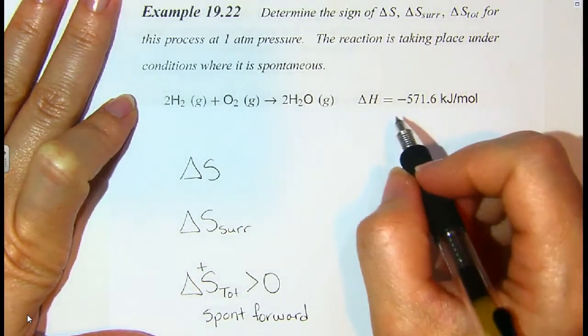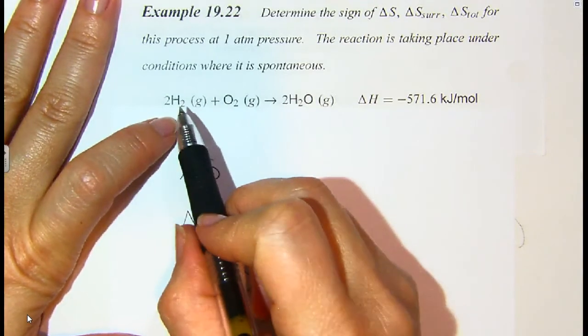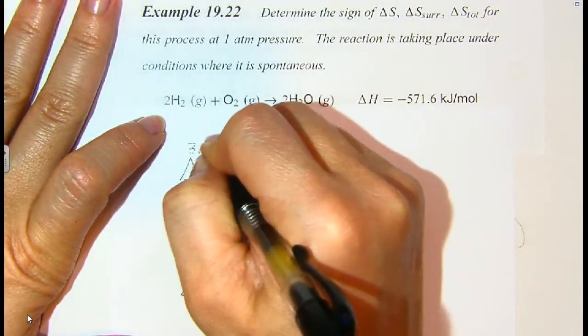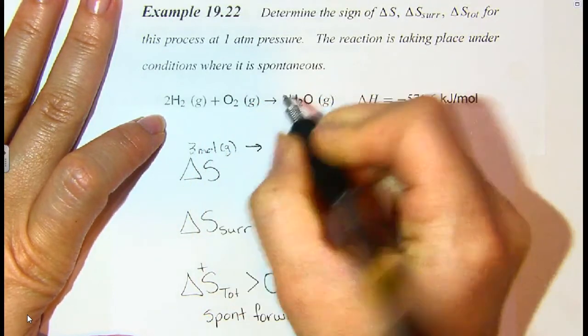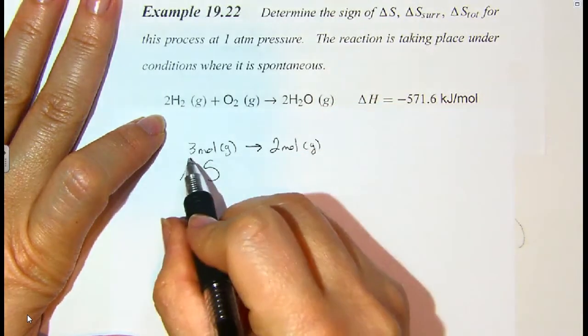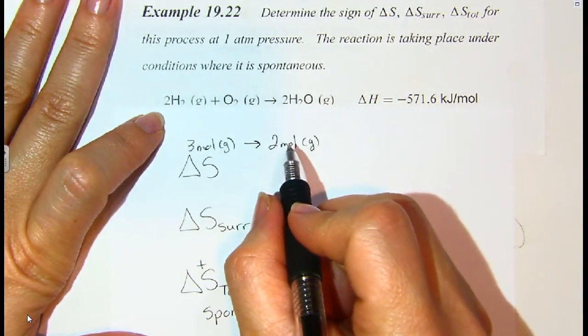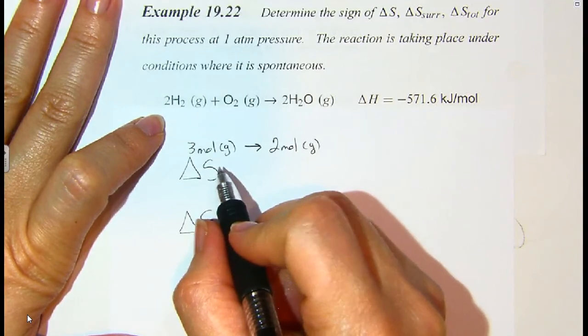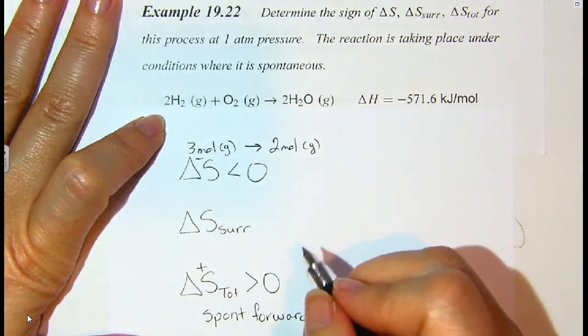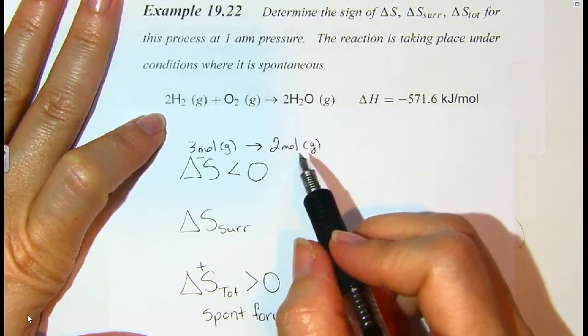Okay, let's look at the system. We have 2 plus 1 is 3 moles of gas, and it yields 2 moles of gas as the products. So the system is becoming more orderly or organized. And so that means our delta S of the system must be less than 0 or a negative value because it's becoming more organized.